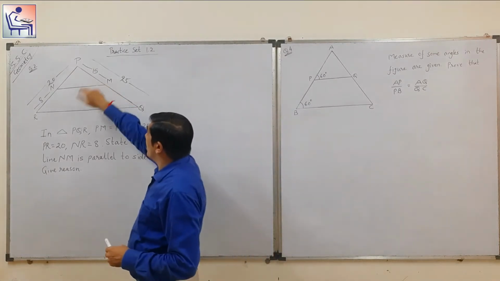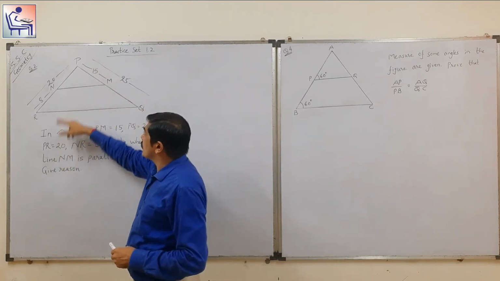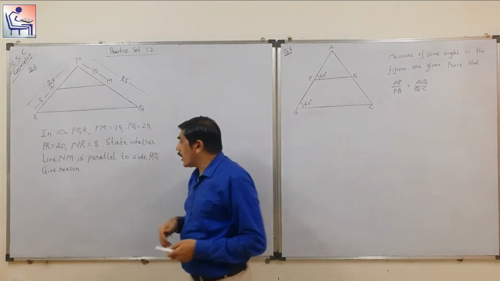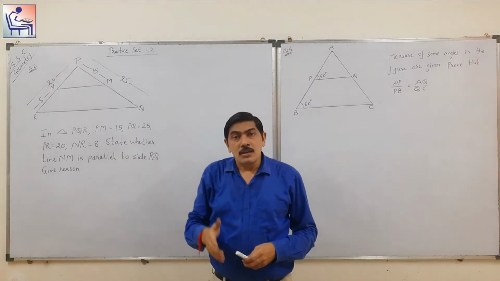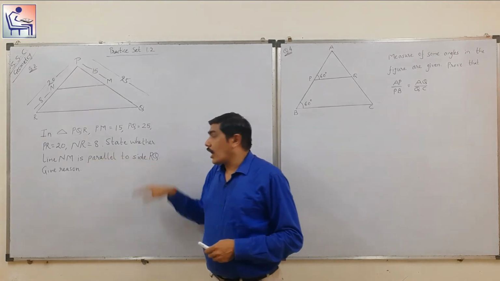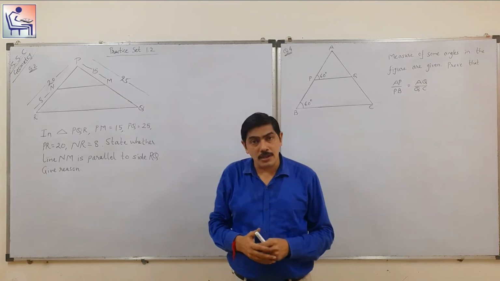You can see here PM is equal to 15, PQ is equal to 25, PR is equal to 20, and R is equal to 8. State whether line NM is parallel to side RQ. Give reason. So we have to find out whether line NM is parallel to side RQ, and if yes, then we have to give the reason for it.